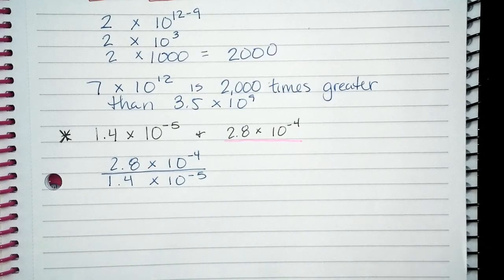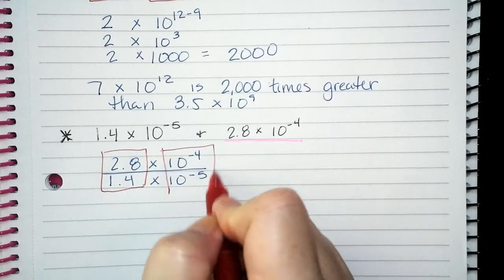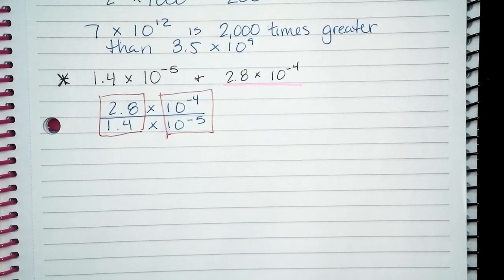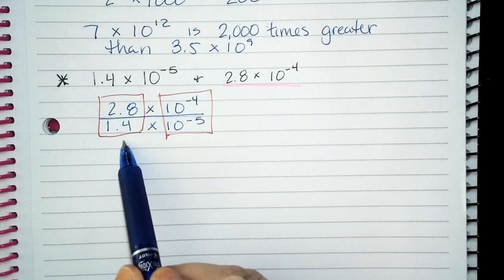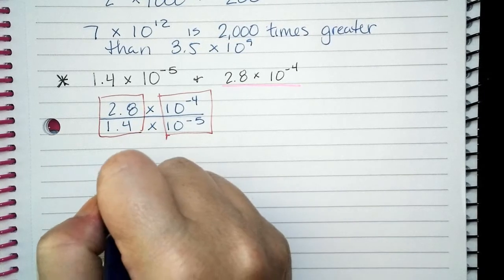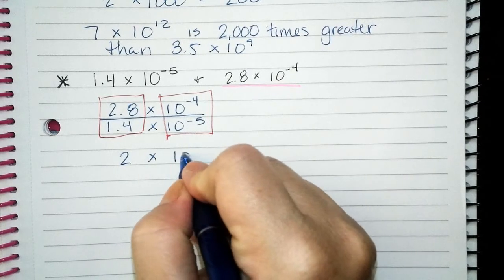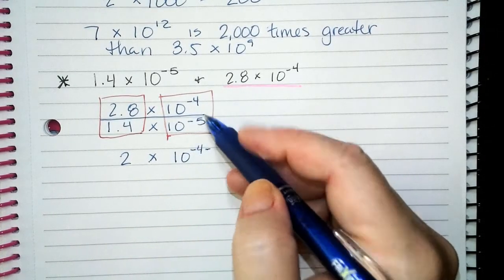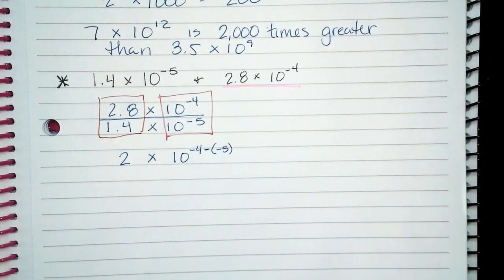Remember, all we're doing is breaking these up into two parts. First part, we're just going to divide the factors. You could even think about these without decimals: 28 divided by 14. 14 is half of 28, so 28 divided by 14 is 2. So we have 2 again. Now, this is the tricky part when you're dealing with negatives. You have to subtract the exponents, but that's still a negative 5, so you have to do minus a negative 5.